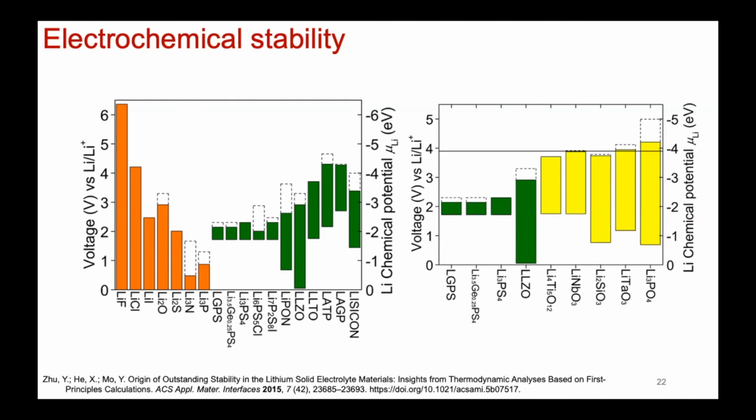From the cathode discussion that we were looking at, cathodes that can perform at 4, maybe even 5, 4.7 volts versus lithium. And if you want to work against anodes, that's 0. So if you want to work against a lithium metal anode, you have a compound that operates here and here, and your electrolyte is now stable here. So will your battery run?